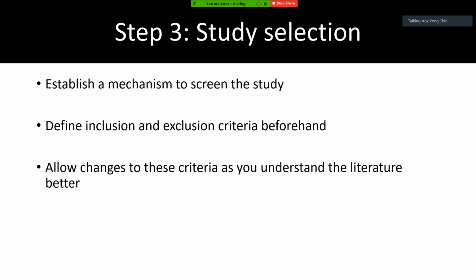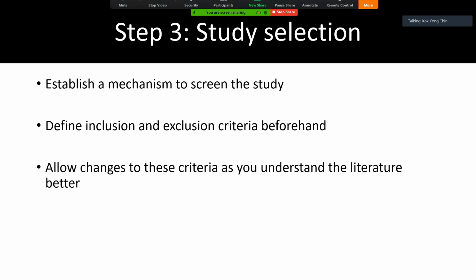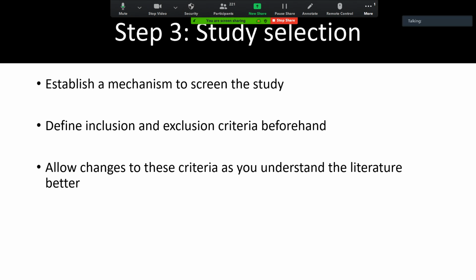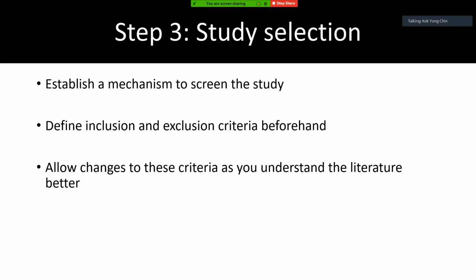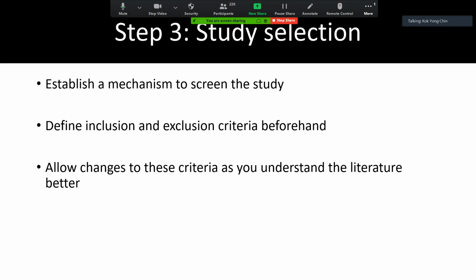So after I read, I think I should exclude studies using vitamin E in combination with other supplements. As you read along, you might develop certain exclusion criteria, but the quality of the study shouldn't be an exclusion criterion.